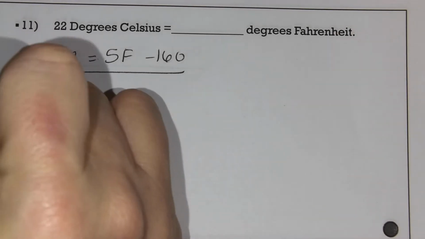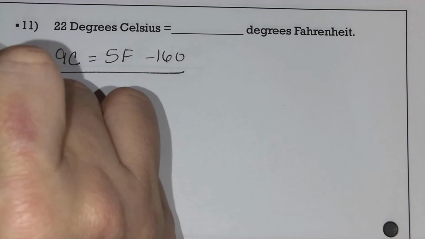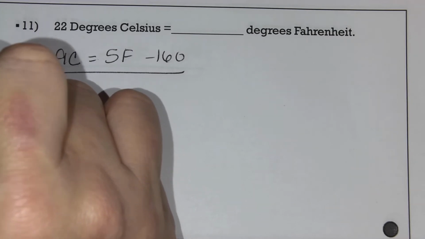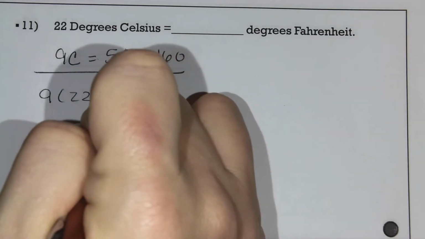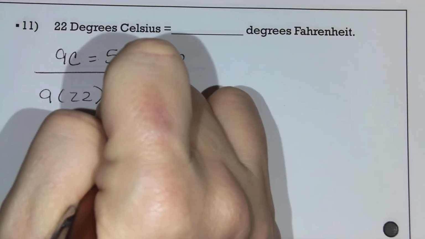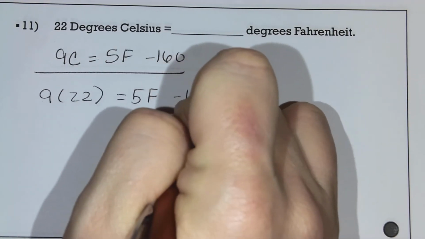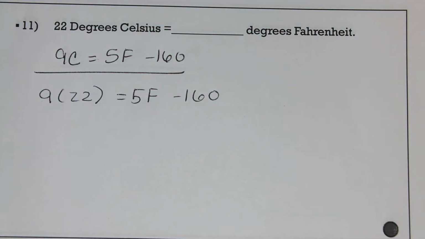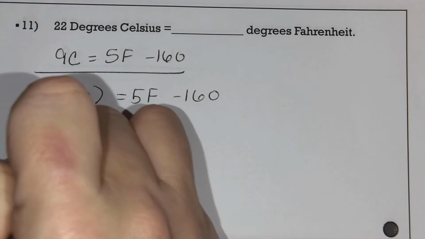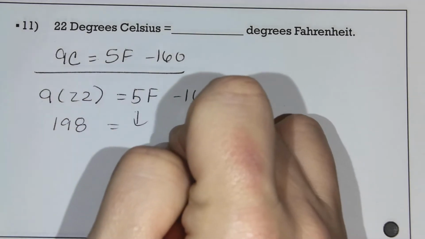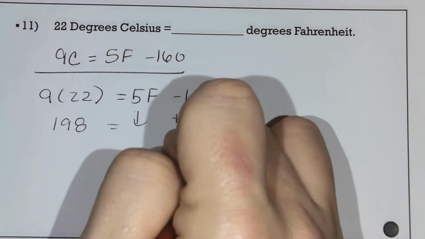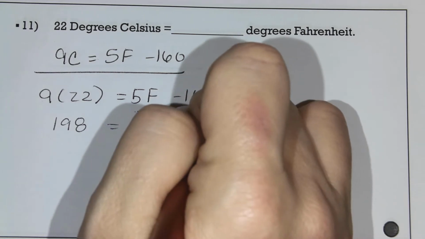Okay, number 11, we have 22 degrees Celsius, so it'll be 9 times 22 equals 5F minus 160. So 9 times 22 is 198. You're going to add 160 to each side, marks that out.